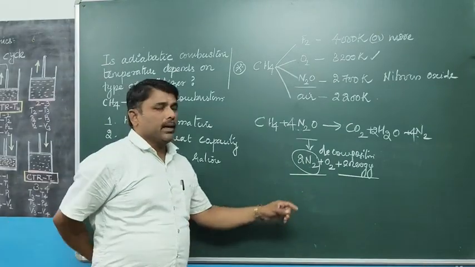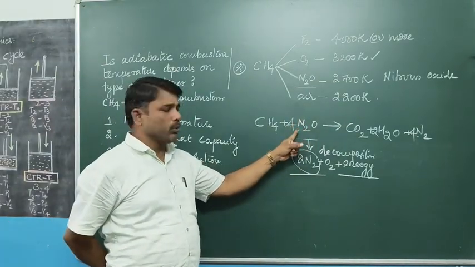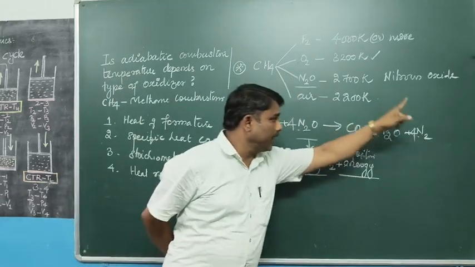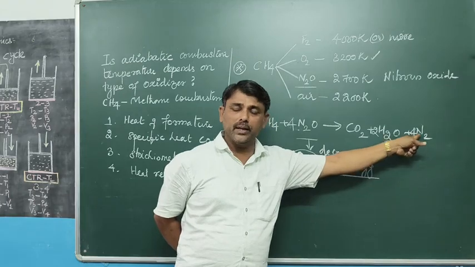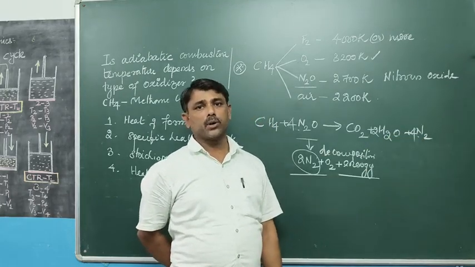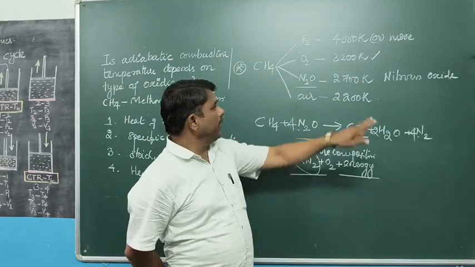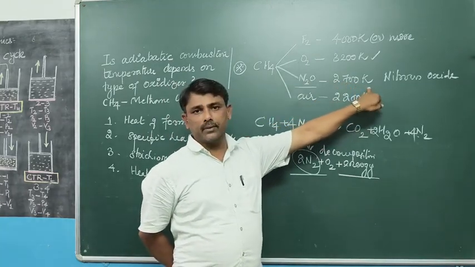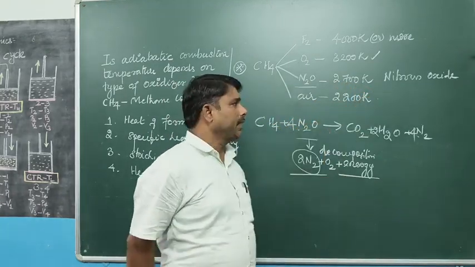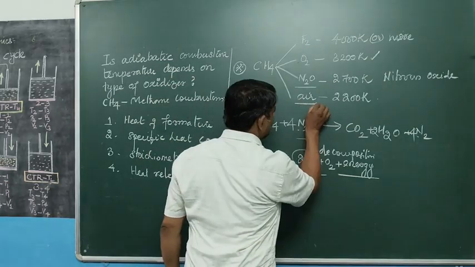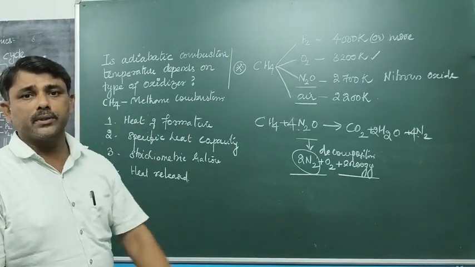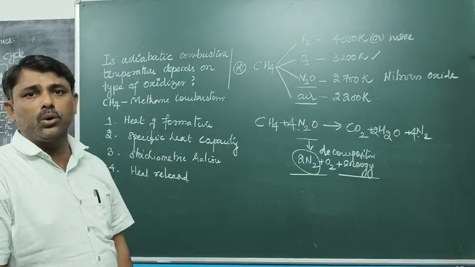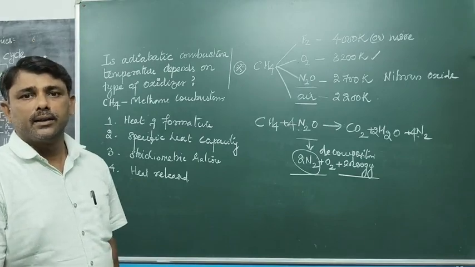When you increase the stoichiometric ratio, the presence of nitrogen increases. It consumes an enormous quantity of the total energy during the combustion process. This is the problem. It makes 2700 degree Kelvin the final temperature. Clear? Again, one more piece of information: if you are using air as an oxidizer, the presence of nitrogen again plays an important role in decreasing the final temperature.